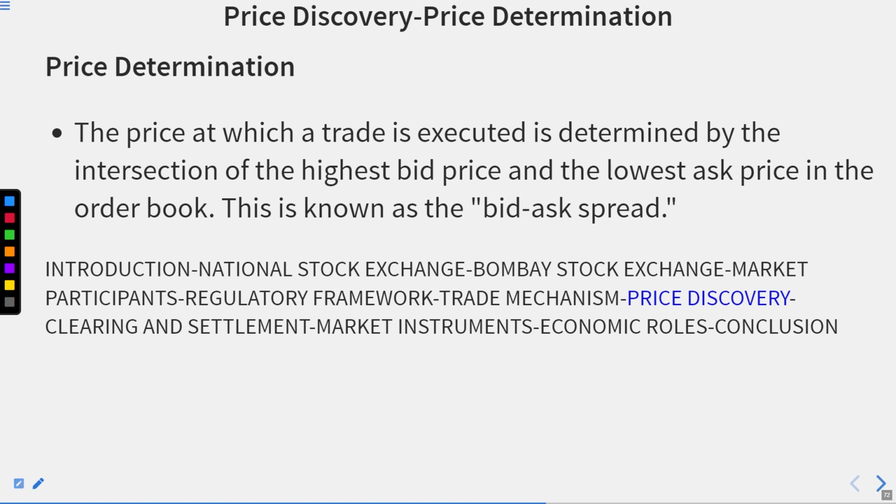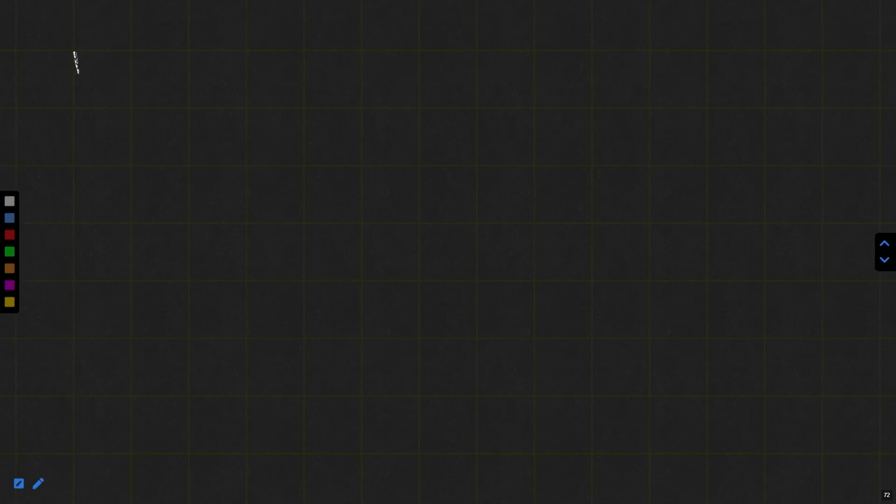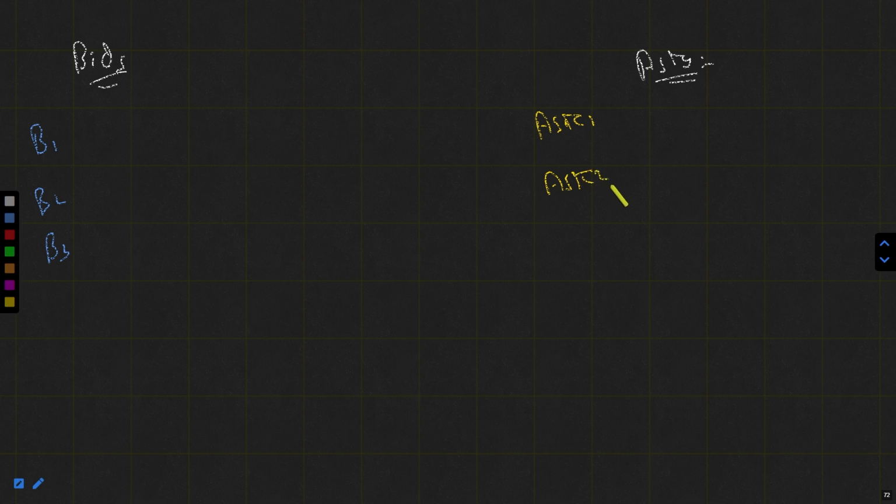For example, these are the bids and this is the ask. Here bid 1, bid 2, bid 3, and here ask 1, ask 2, ask 3.